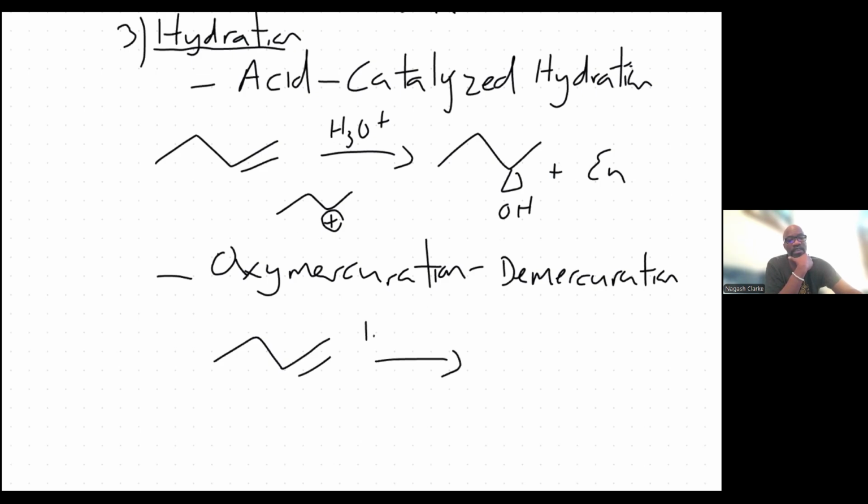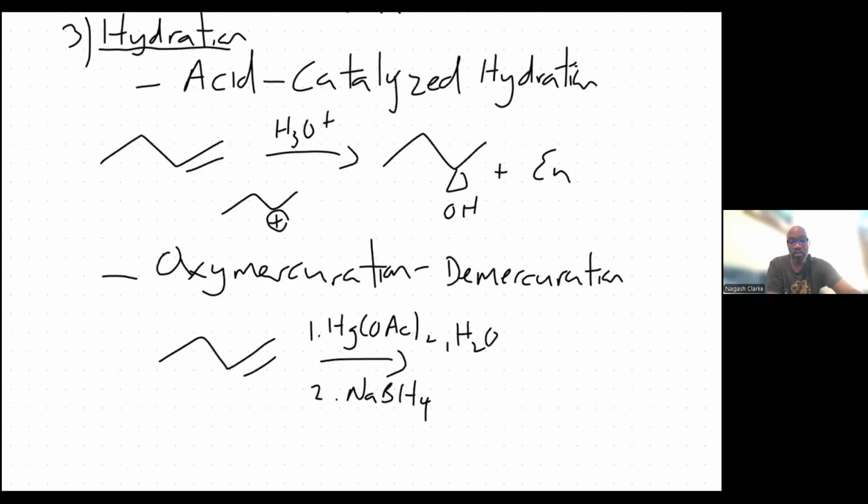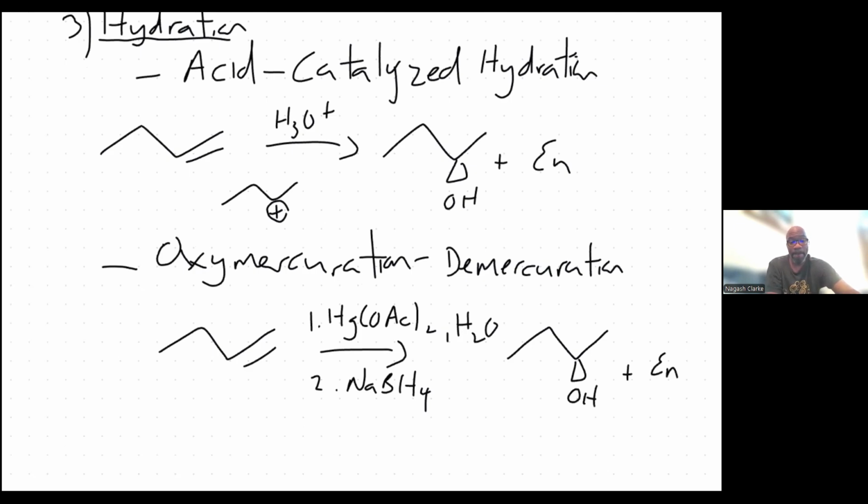But we use mercury acetate, so always use acetate if you recall, and we use H2O as the first step of the reaction. Then the second step, we use sodium borohydride, which actually is a reducing agent. But you get the Markovnikov addition of the OH, and it can actually have stereoisomers as well.